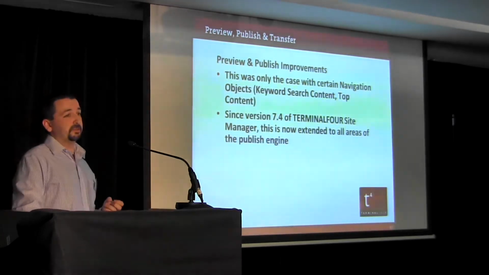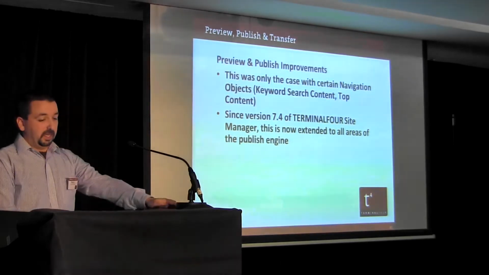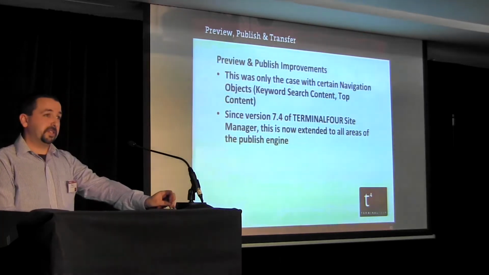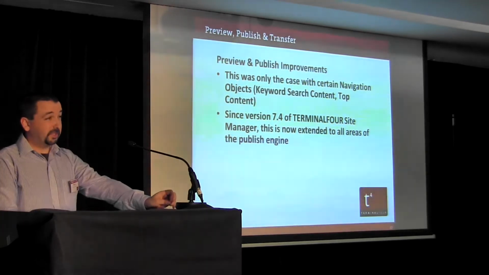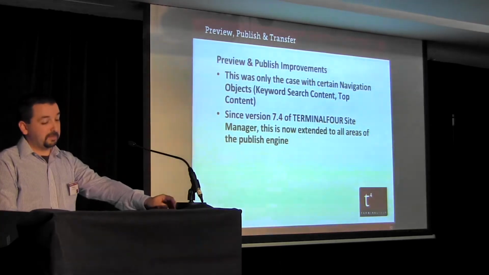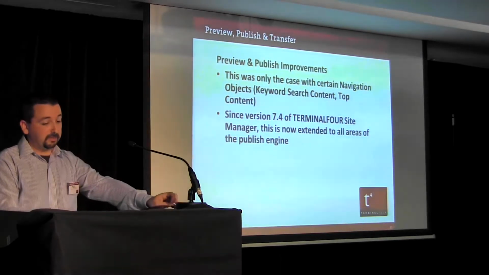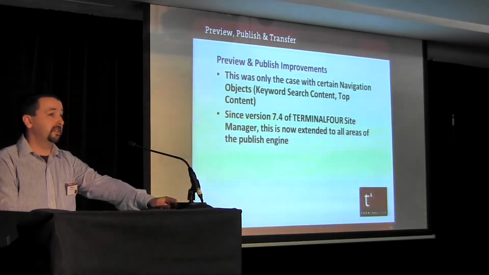Now, one of the things is, with these pre-cached elements, they were only used in certain navigation objects within the system. But since version 7.4 of Site Manager, it's been extended and it's now available everywhere within the publish engine.